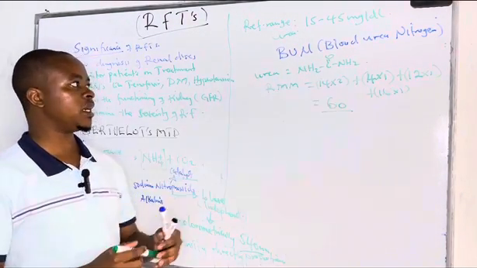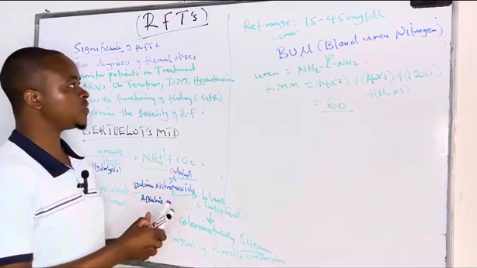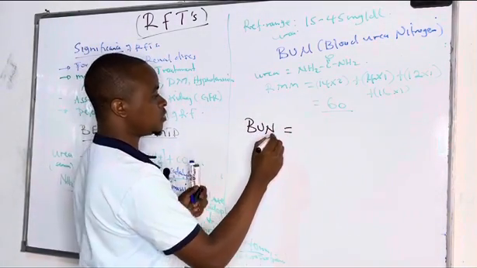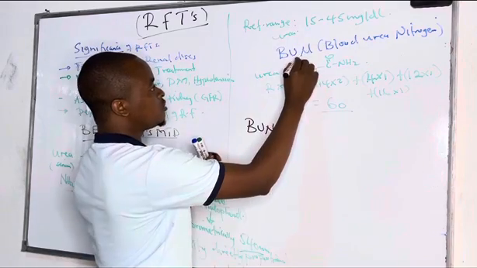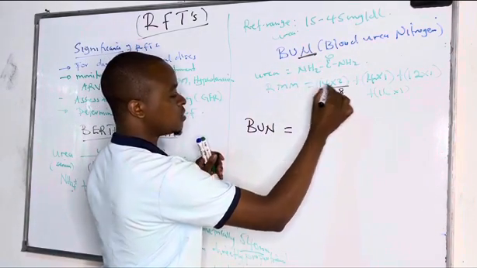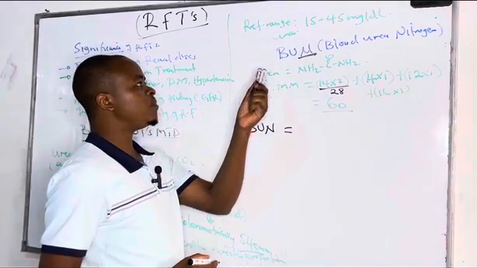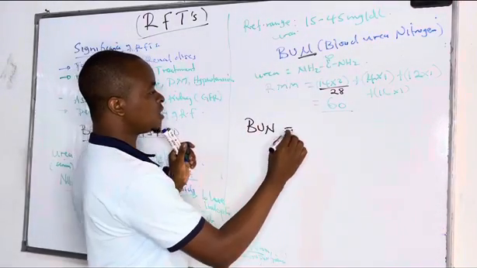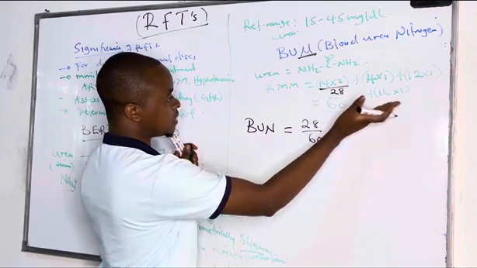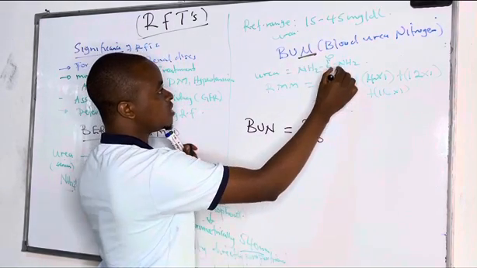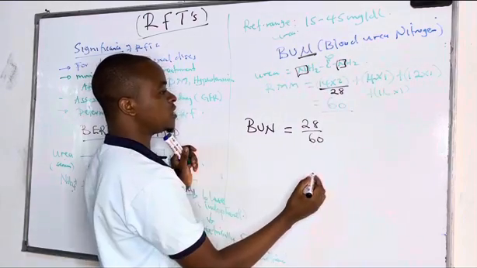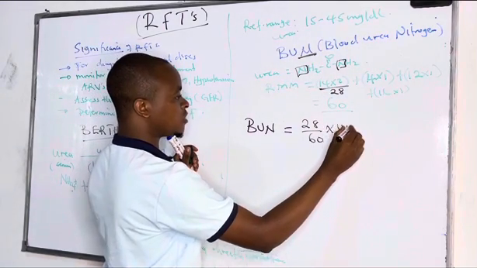And after getting that, I can use the formula where BUN is equal to, because we are now interested in the nitrogen, and the total mass of nitrogen is 28. So to calculate blood urea nitrogen, you get 28 out of 60, which is the total, where 28 is the nitrogen in urea and 60 is the whole total, times urea concentration.